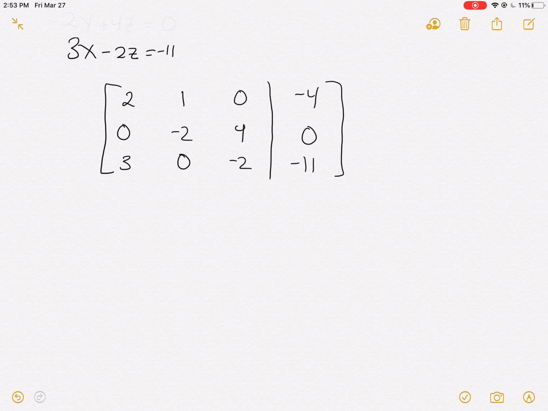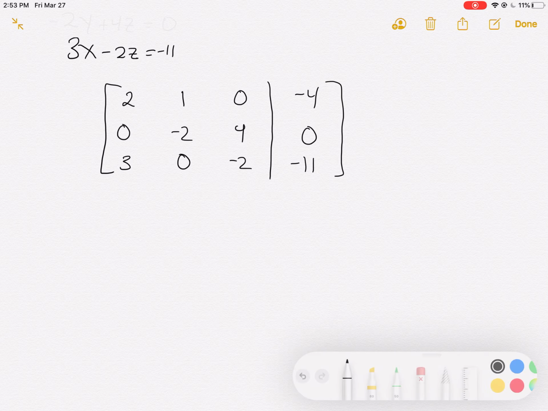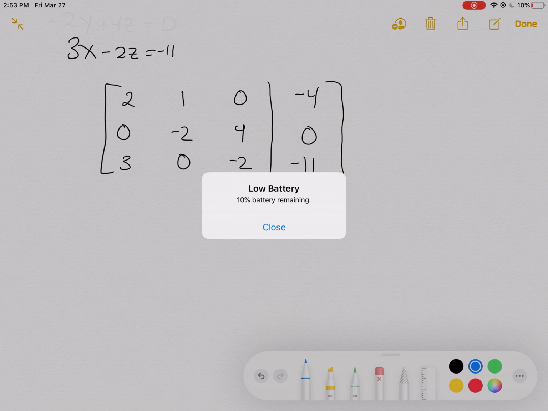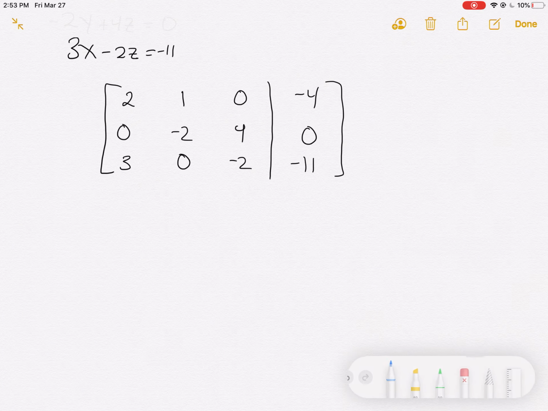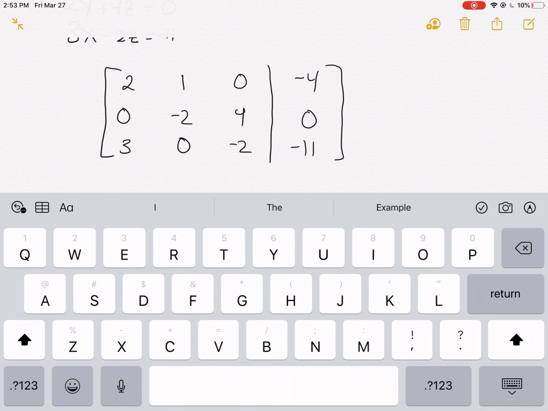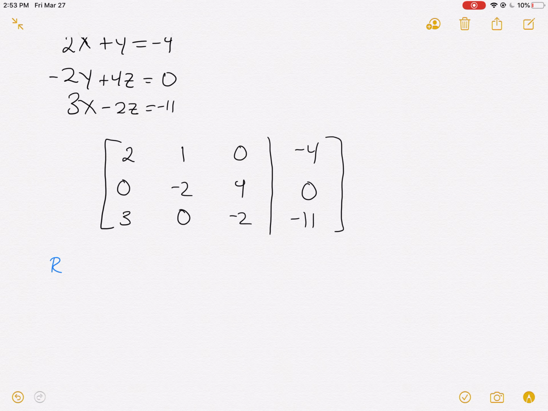The first thing I'm going to do is take half of that first row. I'm going to take row 1 and divide row 1 by 2.